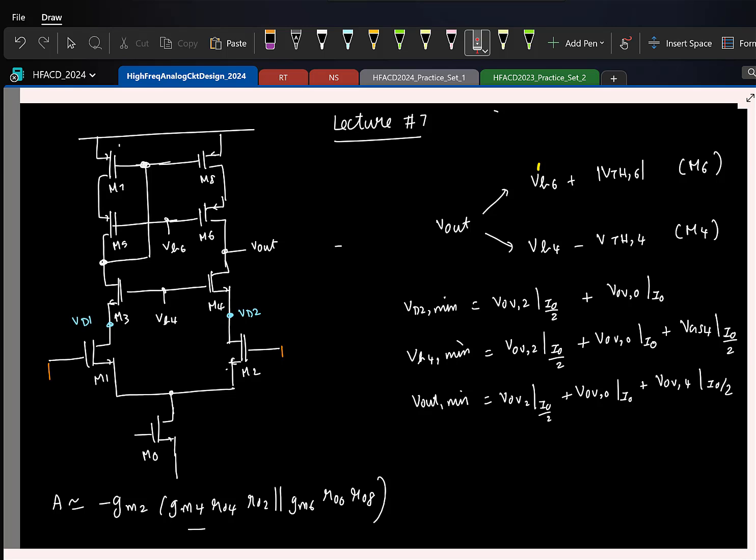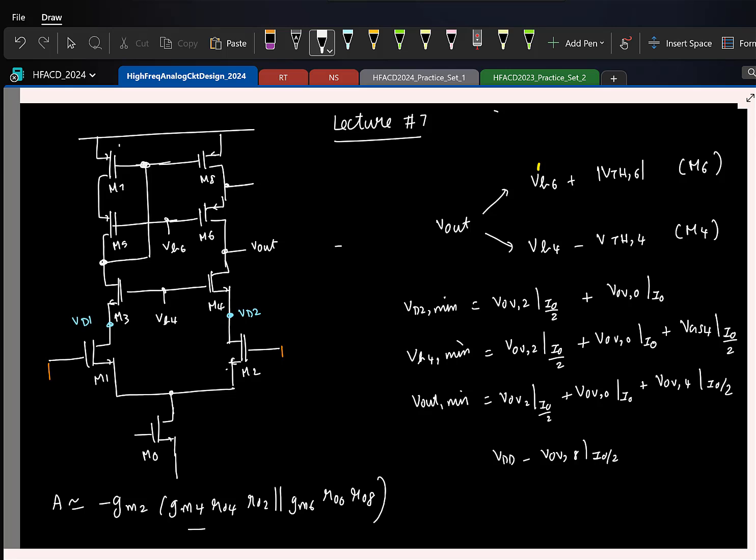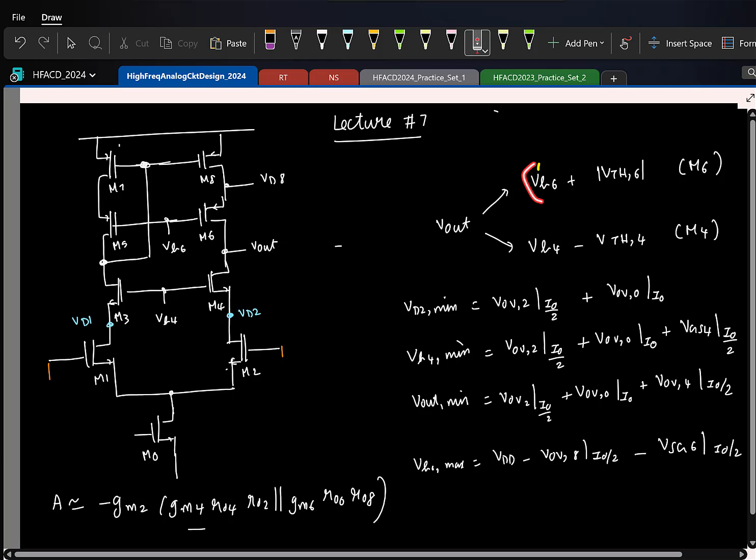Let me write that here: VDD minus the overdrive of M8 at a current I0 by 2. That is the maximum we can have at this drain. So VB6 max is basically one source to gate voltage smaller. So this is the maximum of VB6.